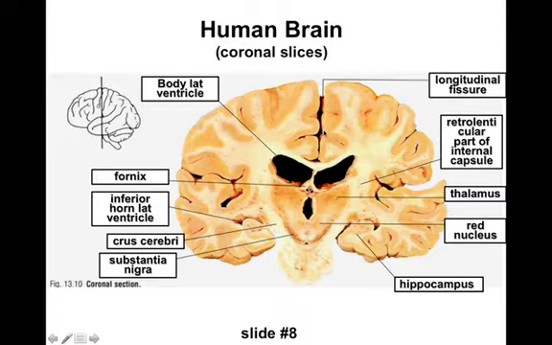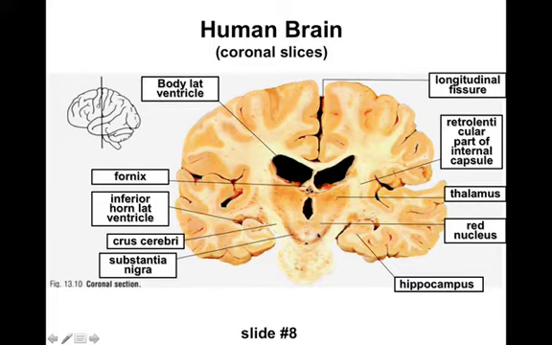The longitudinal fissure, which we haven't identified in some of those other pictures, is present right along here, separating the two hemispheres. Our hippocampus is still present there. Our red nucleus is present here. We saw that in one of the earlier slides where we were looking at diagrams of the midbrain.